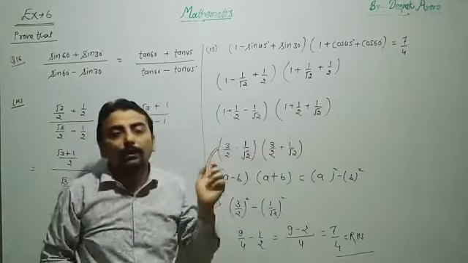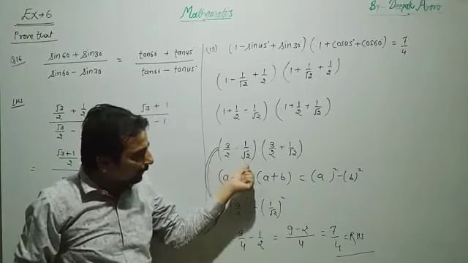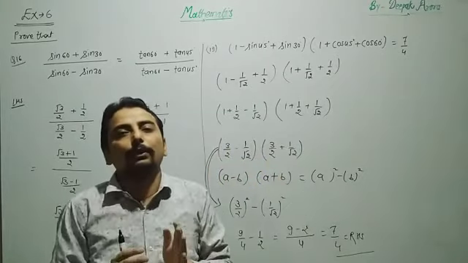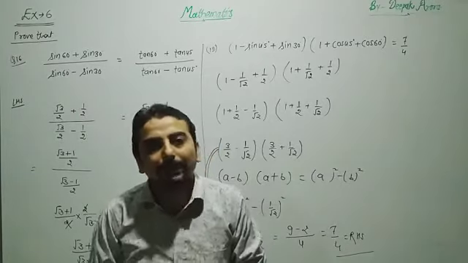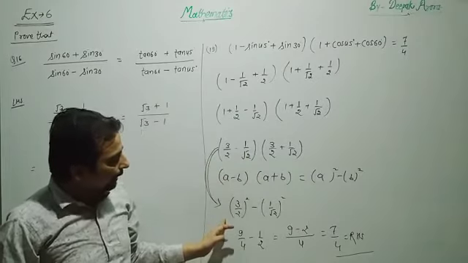We converted 1 and a half to 3 by 2, giving 3 by 2 minus 1 by root 2 and 3 by 2 plus 1 by root 2. Then a plus b and a minus b: we know the formula a plus b times a minus b equals a square minus b square.